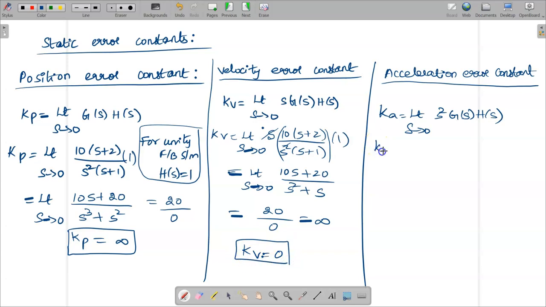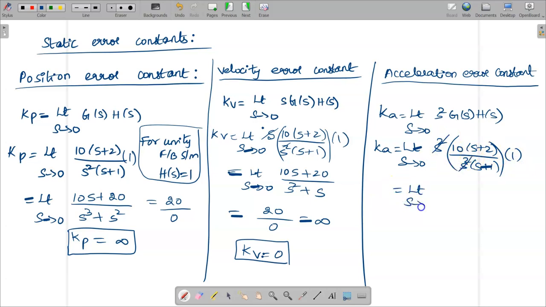For acceleration error constant we have limit s tends to 0 of s square into G of s H of s. Again G of s is 10 into s plus 2 divided by s square into s plus 1, and the whole term is multiplied by H of s value 1. So s square gets cancelled.